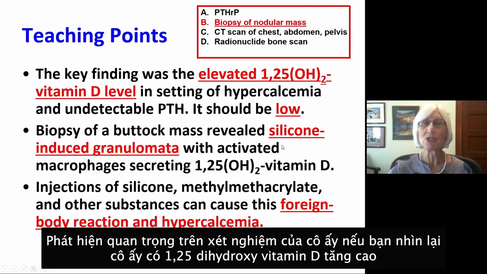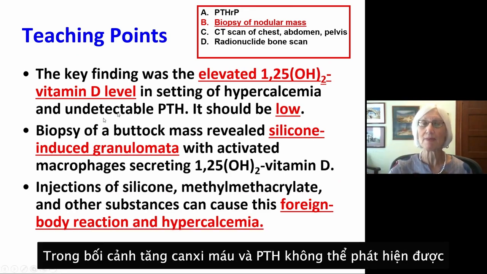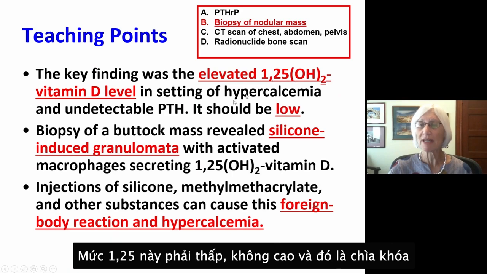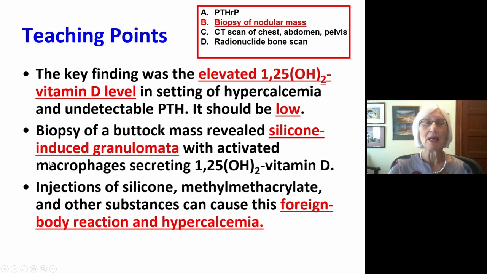The key finding on her labs, if you look back, was she had an elevated 1,25 dihydroxy vitamin D level in the setting of hypercalcemia and undetectable PTH. This is the clue to her diagnosis. This 1,25 level should be low, not high, and that's the key.